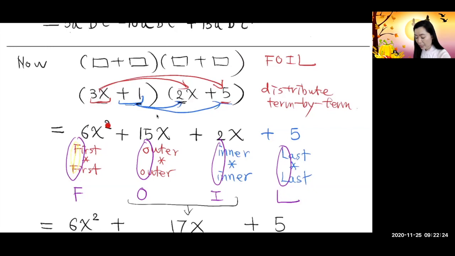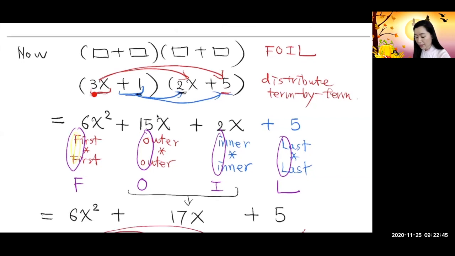Here you multiply the first term of this binomial times the first term of this binomial, so that's the first. And then you take this times this: 3x times 5 makes 15x. Notice that these are the outer terms, 3x and 5, so outer times outer, so it's outer.